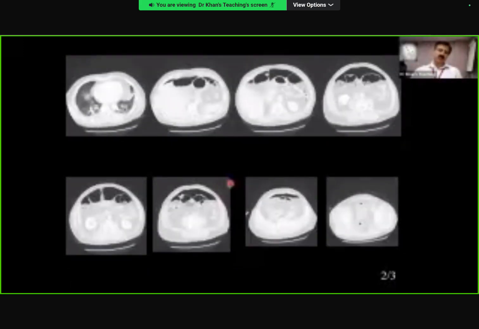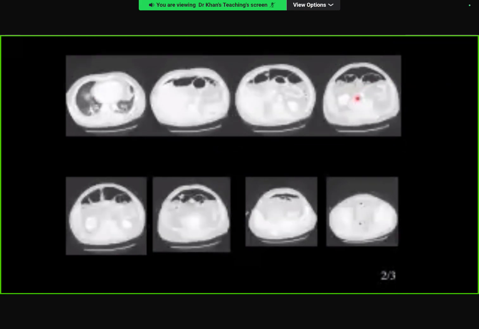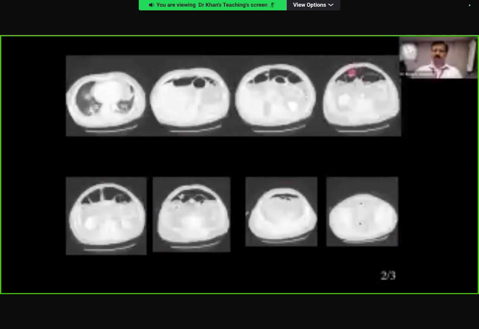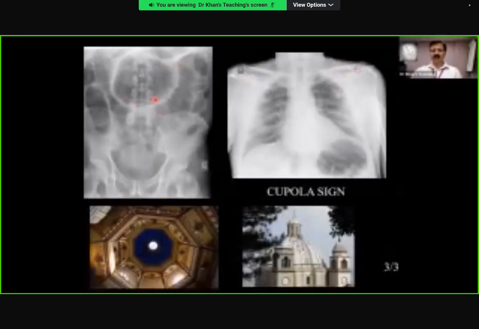So this is the CT of the same case, and do you see any pneumoperitoneum? There is pneumoperitoneum, quite a large amount. Where is it sitting? It is sitting here in the center, and this is what we call the football sign or the cupola sign.